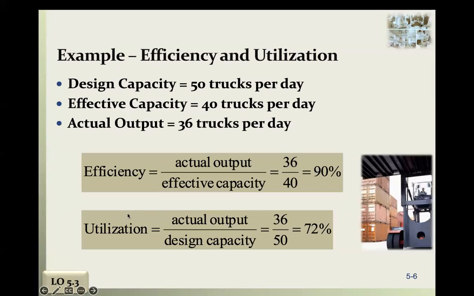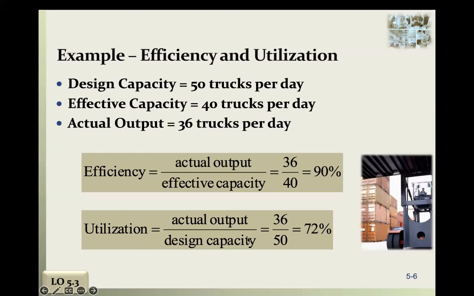Similarly, when we talk about utilization, utilization is actual output divided by design capacity. Actual output is 36 and design capacity is 50, so 36 over 50. And if you solve it and multiply by 100 so that we can express it as a percentage, utilization will be 72%. So you can see here that utilization is lower and efficiency is higher, and the reason is very clear.